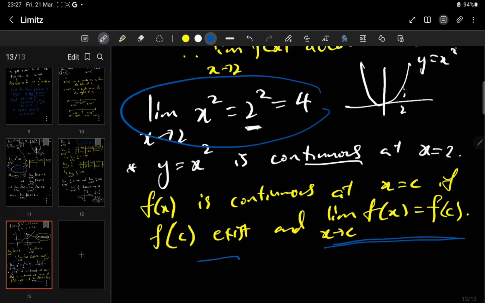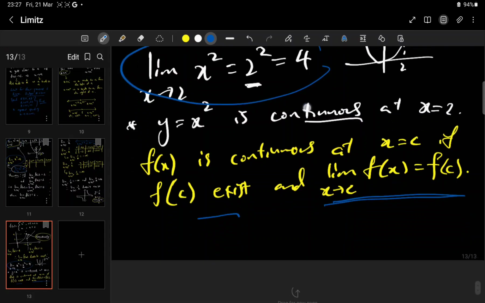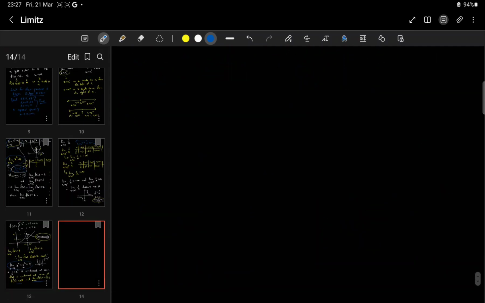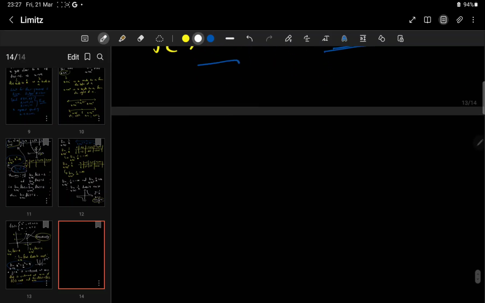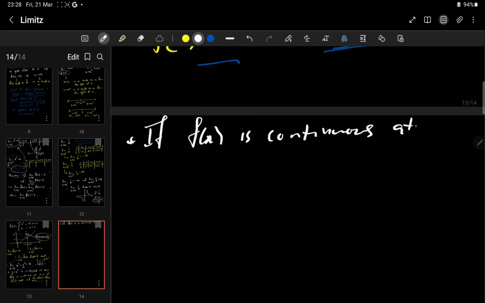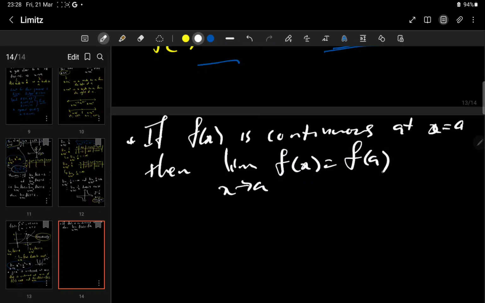So if the function is continuous at that point, then if f of x is continuous at x equals a, then the limit as x tends to a of f of x equals f of a.